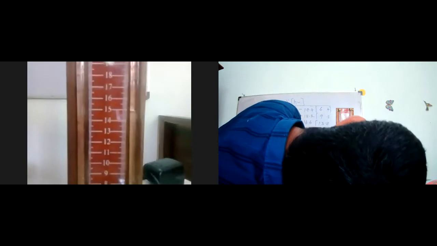So now I am going to take my fourth reading. The new equilibrium level will be 14.8.